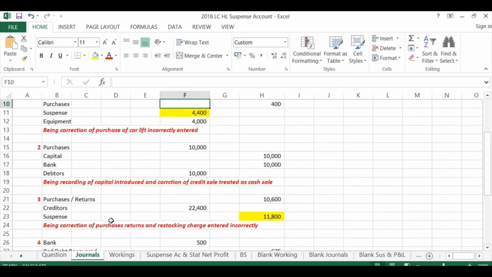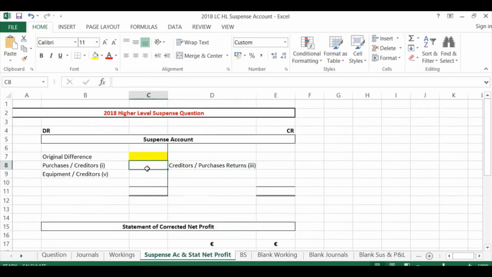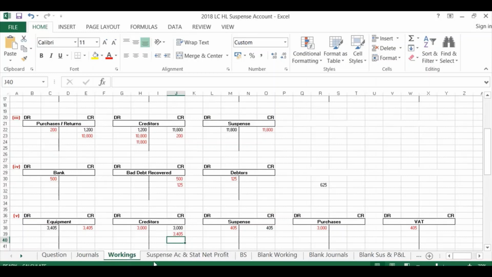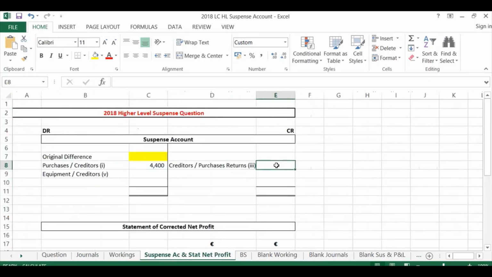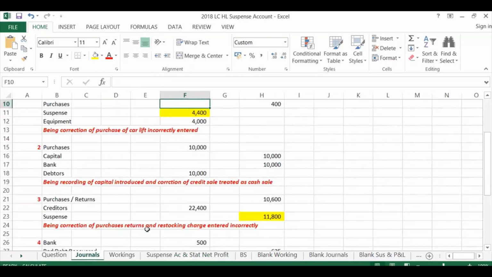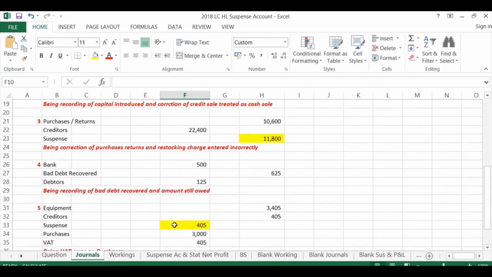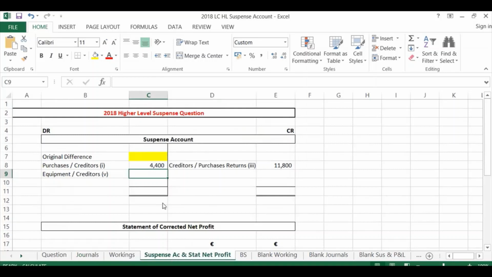So the first one is going to be 4,400, note 1, just to do with purchases and creditors from note 1. The second one is going to be 11,800 of a credit balance, and that's to do with creditors and purchases returns from note 3. And the last one, if I go down to note 5, I also had a suspense journal of 405 of a debit balance here.